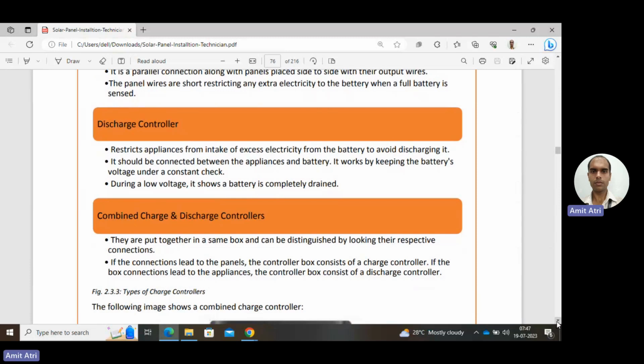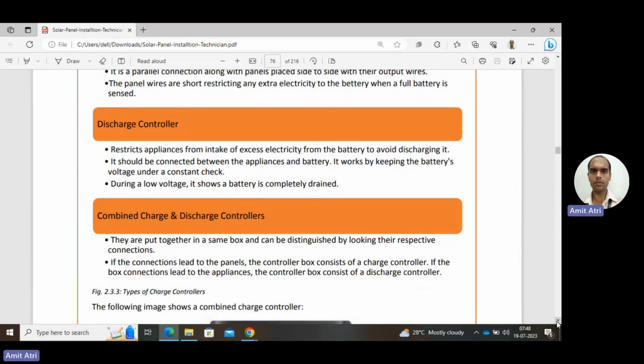So this will keep the charge flow from the battery within the allowed permissible safe range. During low voltage, it shows the battery is completely drained, so the voltage starts decreasing at that point below the discharging limit.